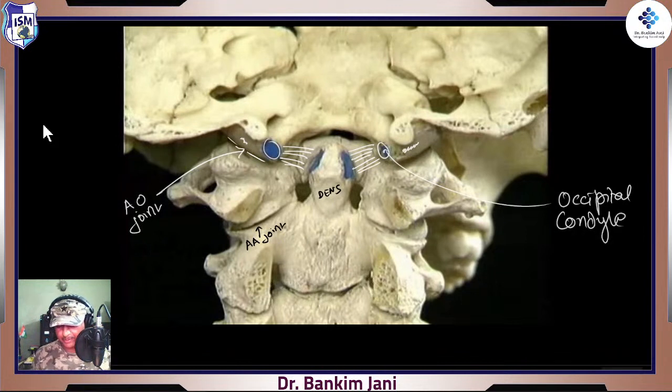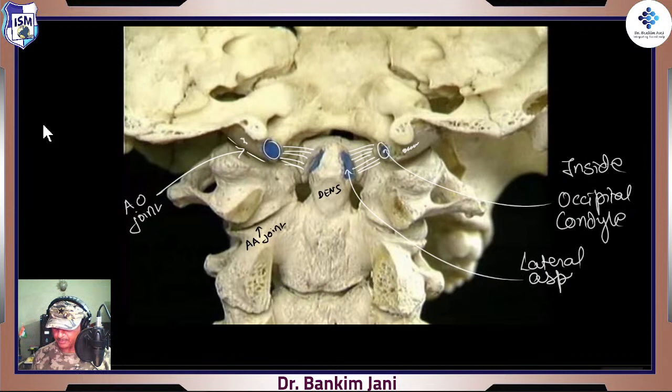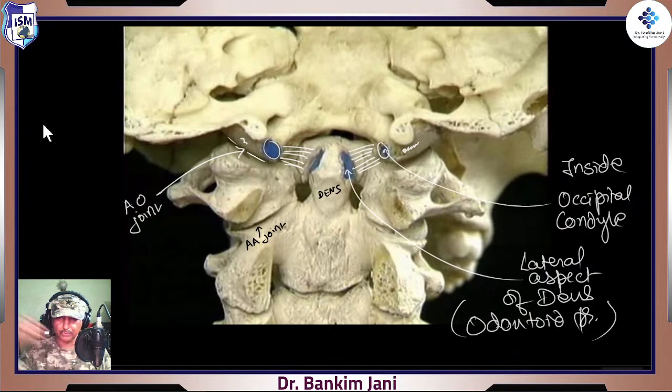So this point is inside the occipital condyle. And over here, this part is the lateral aspect of the dens, or the odontoid process. They both are the odontoid process. So that's how the alar ligaments are attached.